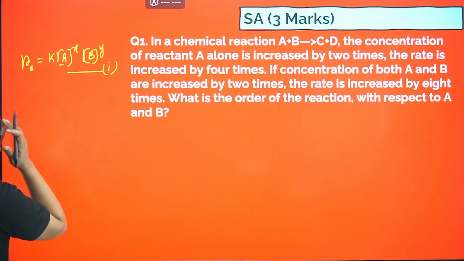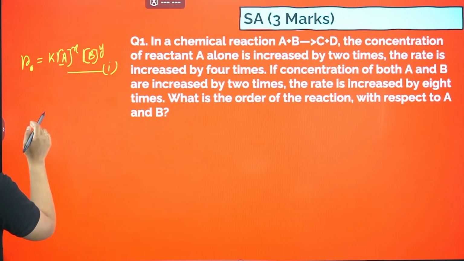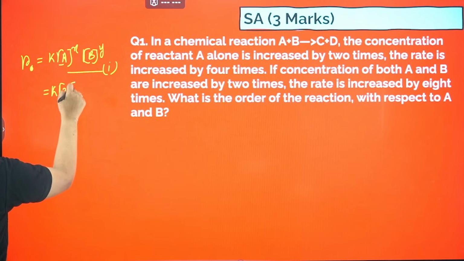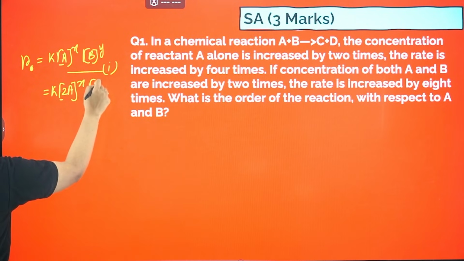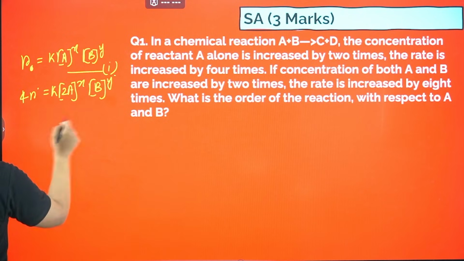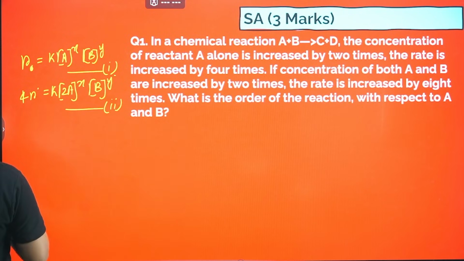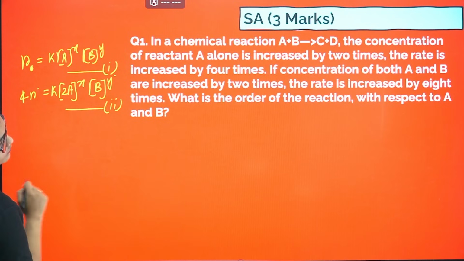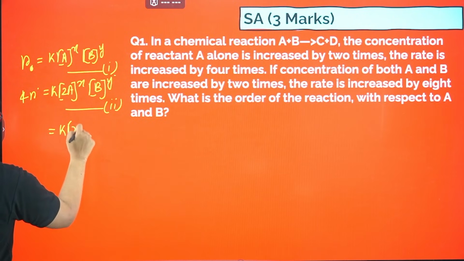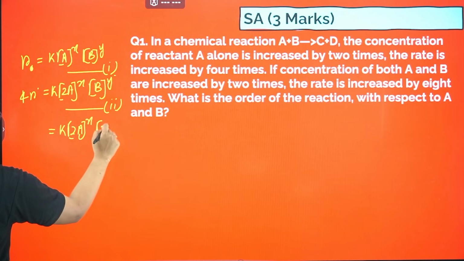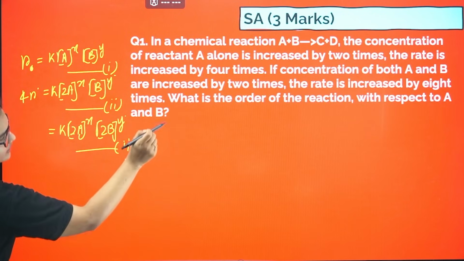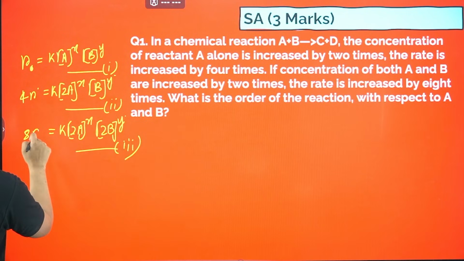First condition: they are doubling A, and B they are keeping constant, and the reaction rate increases 4 times, so 4R. This is equation number 2. Another one they are saying is that if the concentration of both A and B is increased by 2 times, so K into 2A power X into 2B power Y, this is equation number 3. The rate is 8 times.